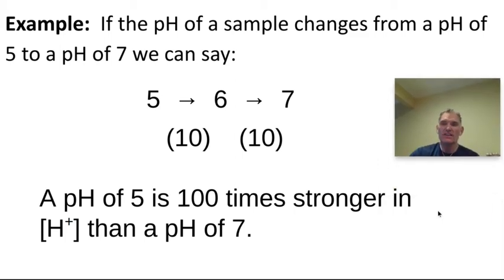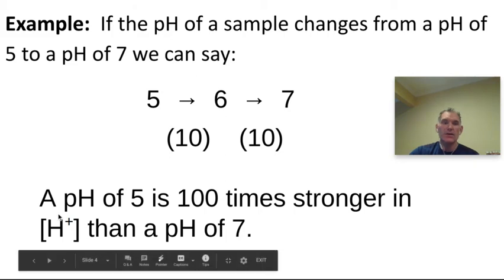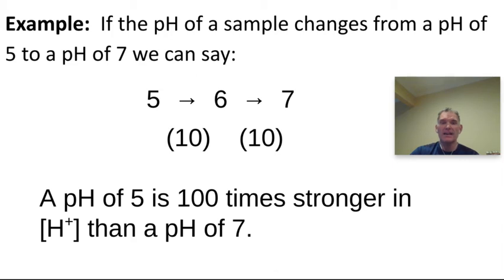So a pH of 5 is actually 100 times stronger in hydrogen ions than a pH of 7. I'm going up 5 to 6 to 7, so my H ion concentration is going down. If I was going below 5, I would be increasing.